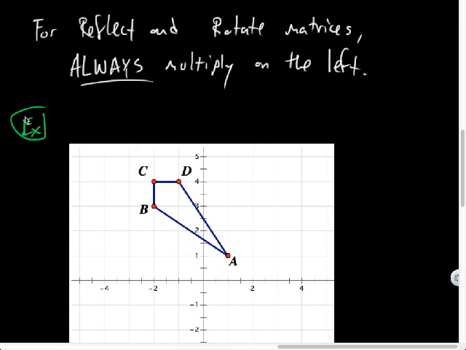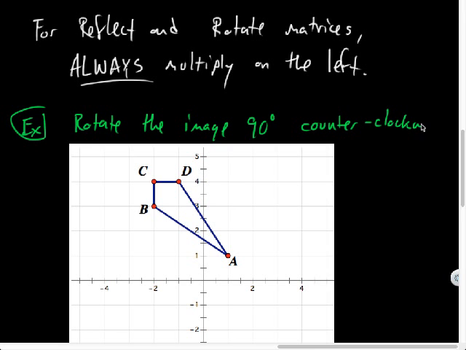My directions are going to say rotate the image 90 degrees counterclockwise. Hank doesn't like counterclockwise. You could rotate it 270 degrees clockwise if you want. It's going to accomplish the same thing.